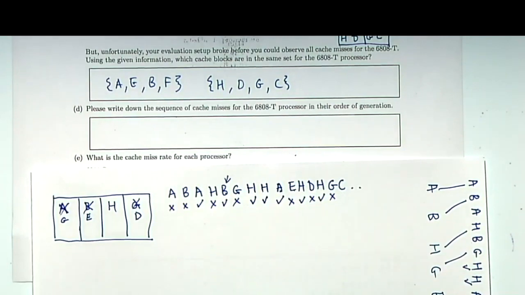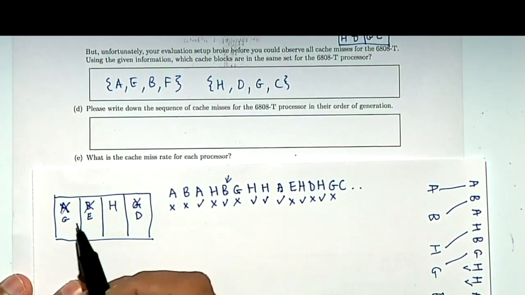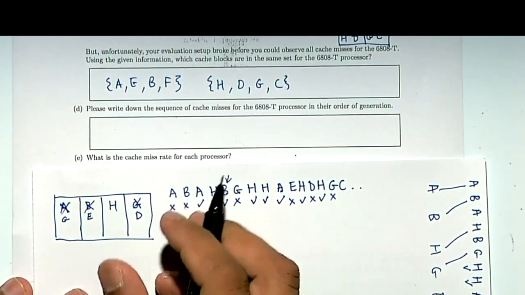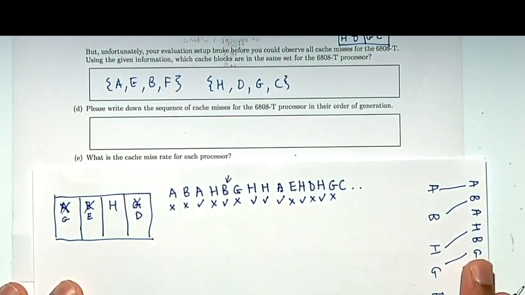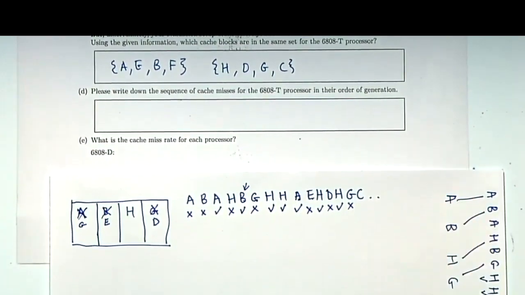So should I do this or should I skip it? Because it's literally the exact same thing. You just go one by one and track whether it's a hit or miss, and then you just simulate the state of the cache. Yeah. Okay. So I'm going to skip that. Does anybody actually want me to go through it? Just raise your hand or something. Okay. So I'll skip that one.